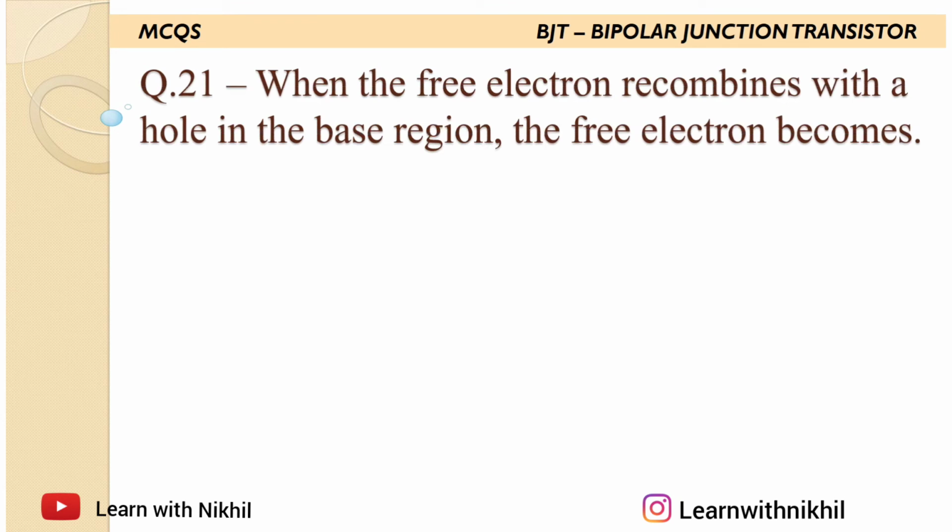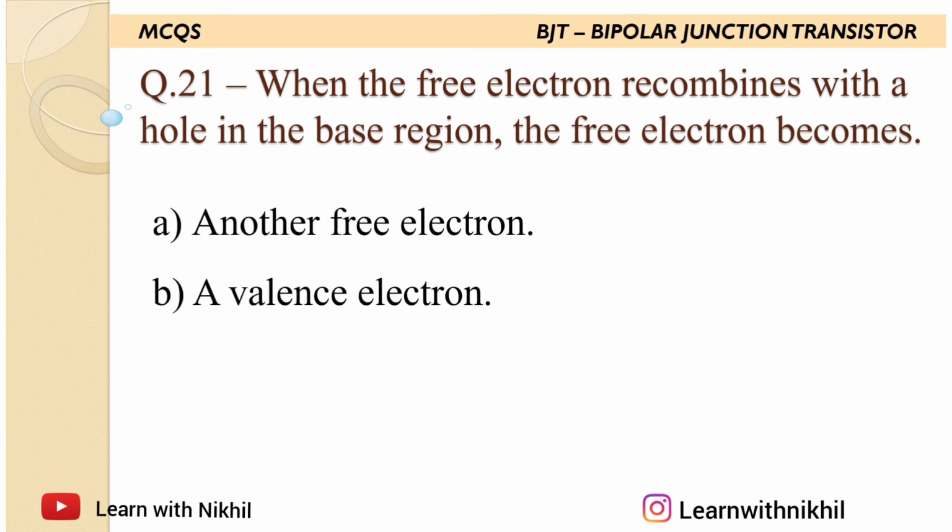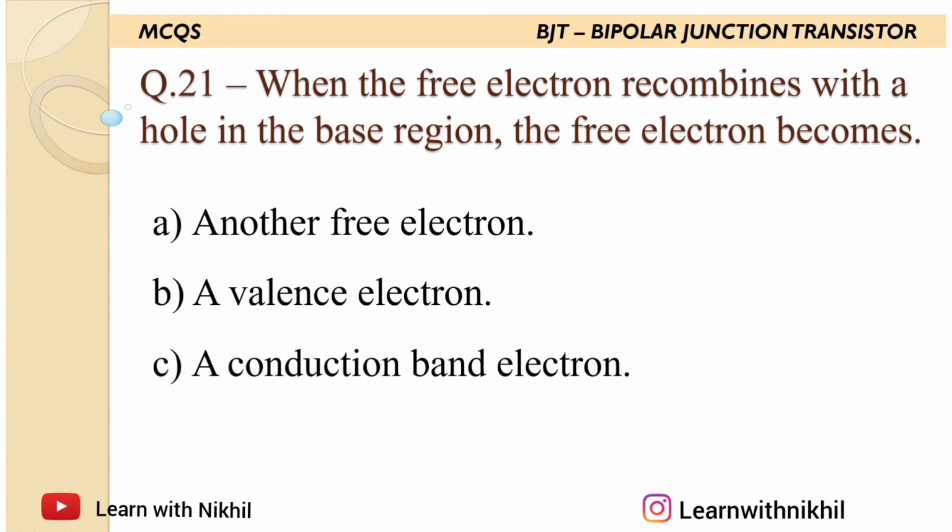Next question. When the free electron recombines with a hole in the base region, the free electron becomes A, another free electron; B, a valence electron; C, a conduction band electron; or D, a majority carrier. And the answer is valence electron.